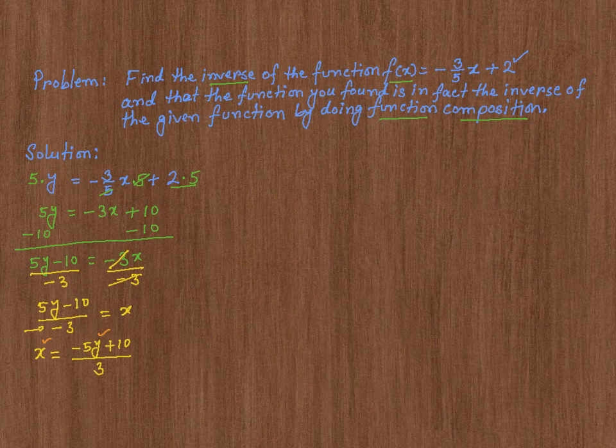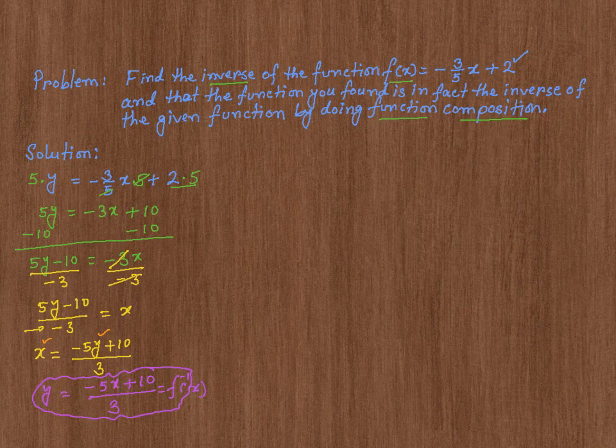If I do that, I get y is equal to negative 5x plus 10 divided by 3. So this function, I am claiming, is my inverse function, which I will call f inverse of x.